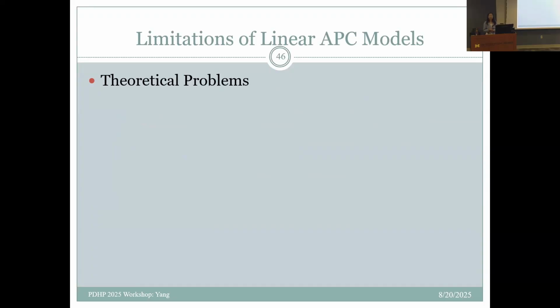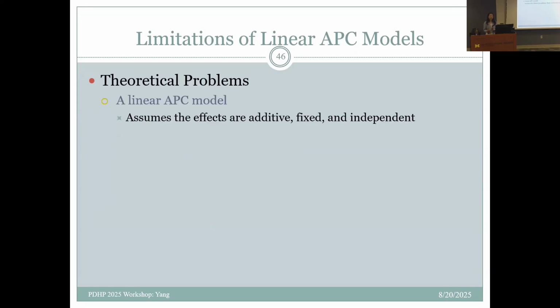While the APC problem has always been conceived as a methodological problem, I argue that it is also a theoretical problem, because the linear model induces this problem by imposing a key assumption of additivity. So y is equal to a plus p plus c, thus treating the three variables as fixed effects that are independent of each other, and the outcome is modeled as a function of all these effects independently.